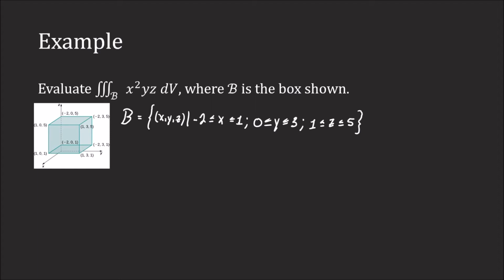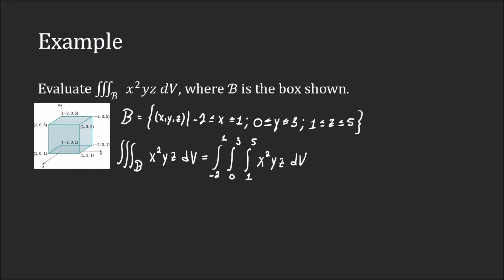So the triple integral over B of x squared y z is equal to the integral from -2 to 1, integral from 0 to 3, integral from 1 to 5 of x squared y z dV.